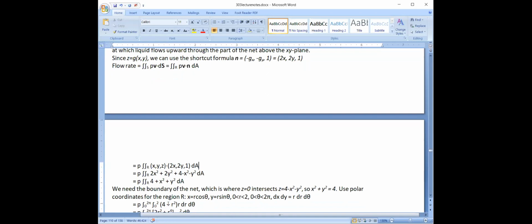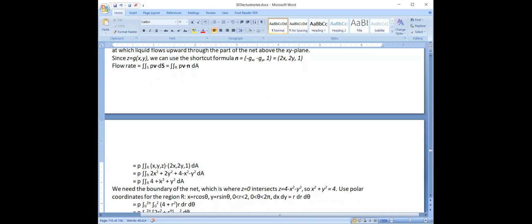So this integral is converted from xy coordinates into polar coordinates. What do we get? It equals p times the integral, and here I wrote it as dr d theta. Theta goes from 0 to 2 pi, r goes from 0 to 2.